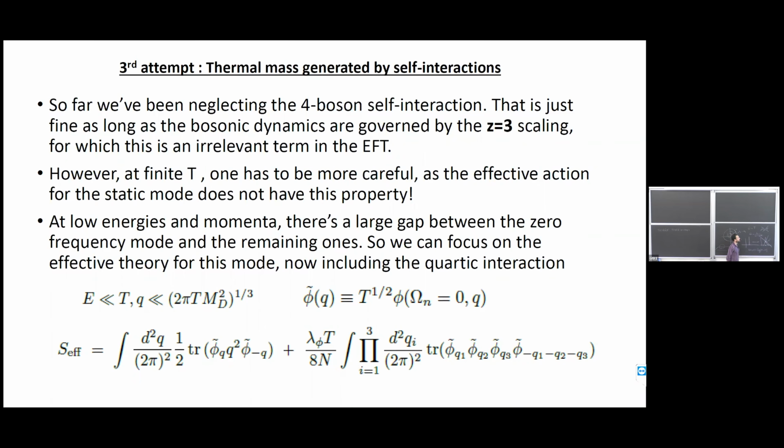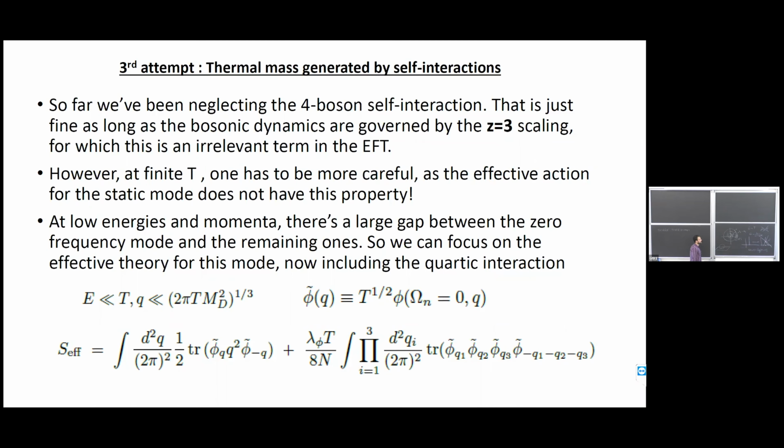So let's see why we have to include them here. The point is that quartic self-interactions for the bosons were ruled out by the Z=3 scaling, but we have said the bosons don't satisfy Z=3 scaling. So it will be reasonable if these interactions become relevant, and this is what happens.